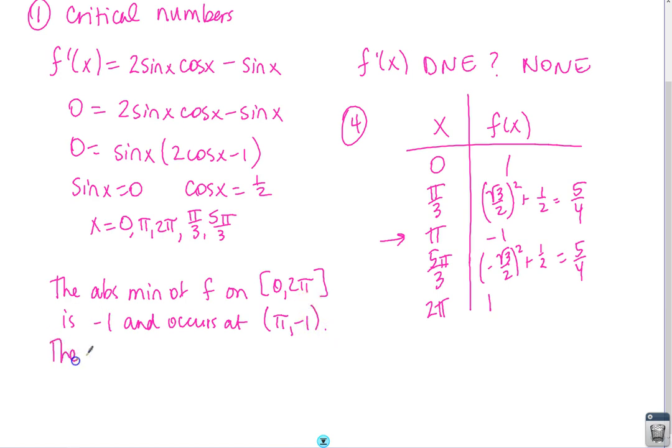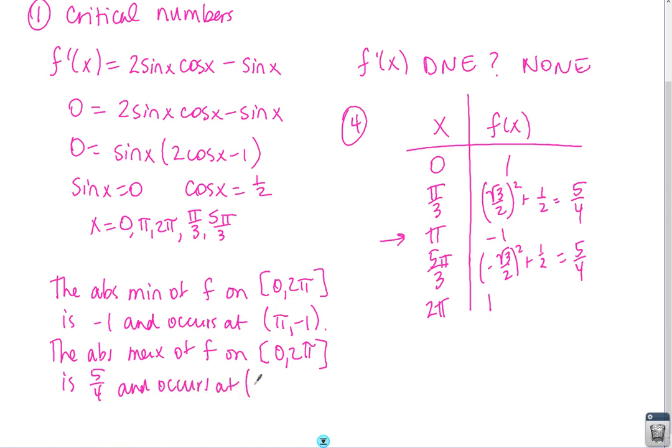The absolute maximum of f on 0 to 2 pi is 5/4 and occurs at both places, pi over 3 and 5 pi over 3, with value 5/4.